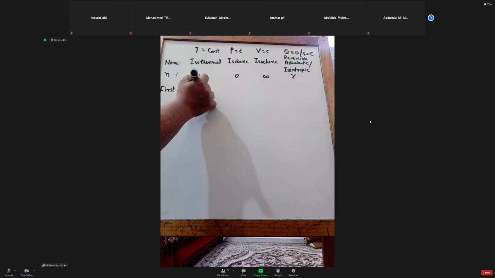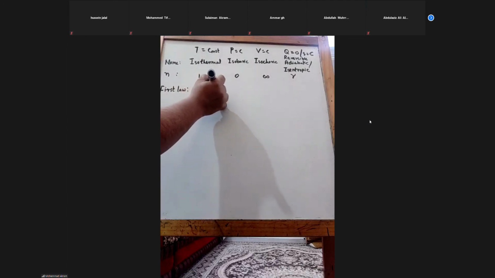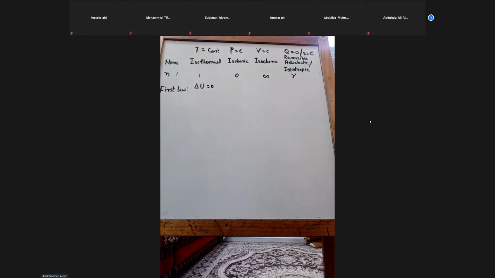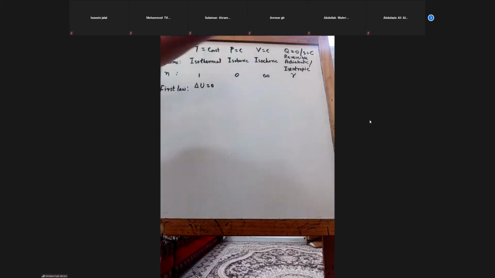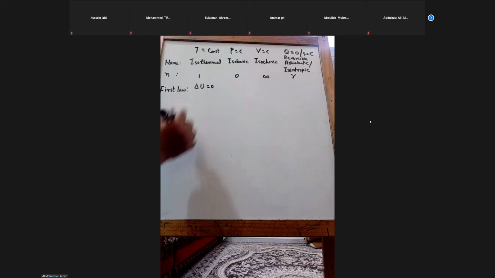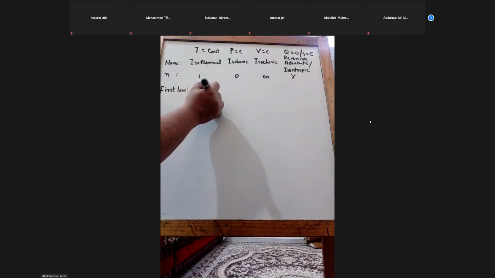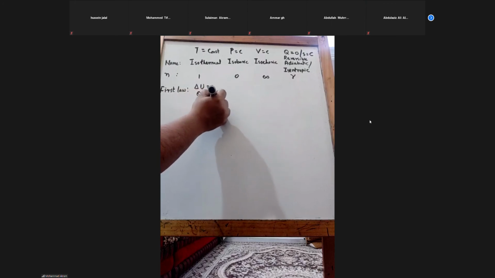Delta U is a function of temperature, so delta U will become 0. This heat is not related to the exchange between the system and surroundings, but it is because of the process 1 to 2. So change in internal energy will be 0. So Q minus W is 0, or Q equals W.